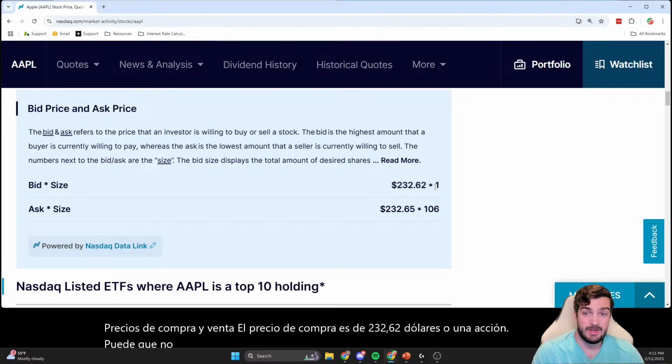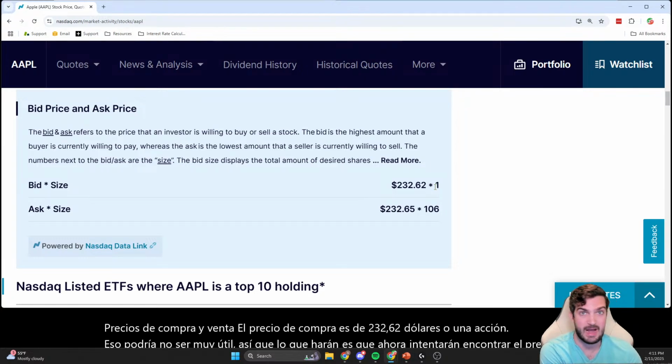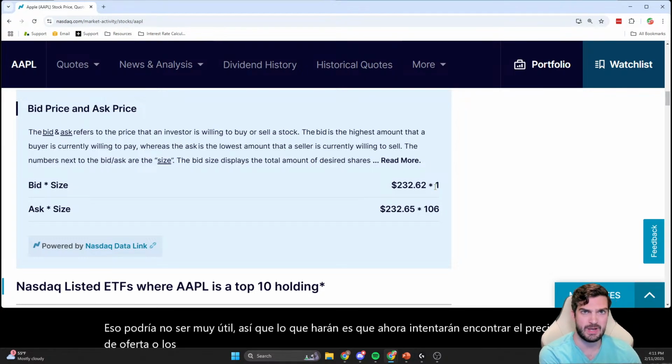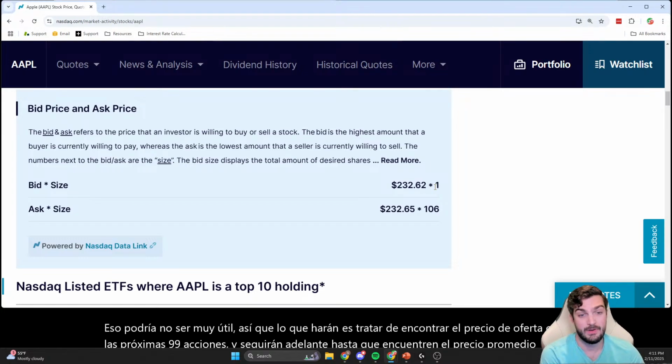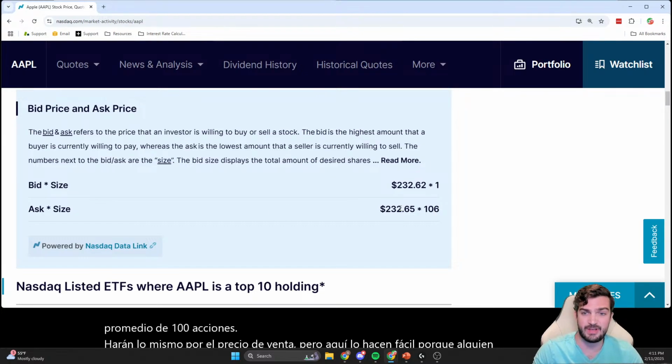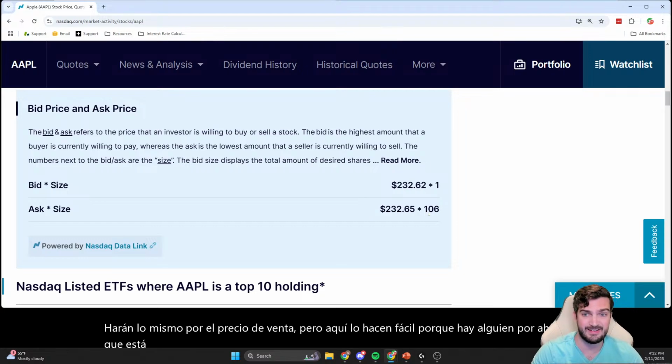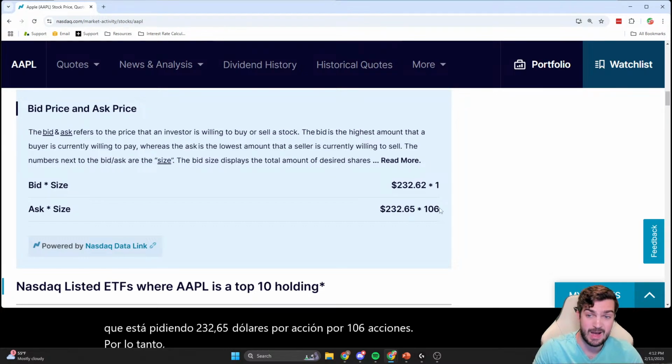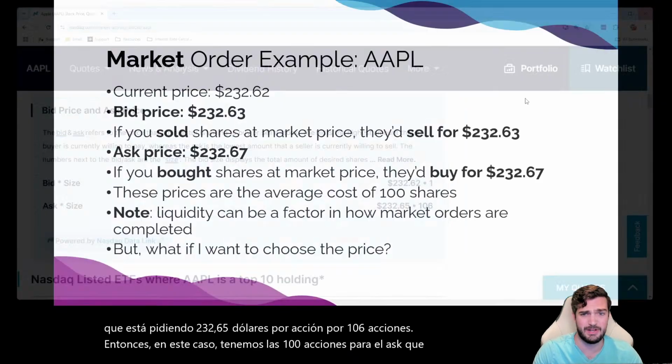So what they'll do is they will now try and find the bid price for the next 99 shares, and they'll keep going until they find the average price of 100 shares. They'll do the same thing for the ask price. But here they make it easy because someone is out there that is asking $232.65 per share for 106 shares. So in this case, we do have the 100 shares for the ask. We don't have it for the bid, so we need to do a little bit of math.